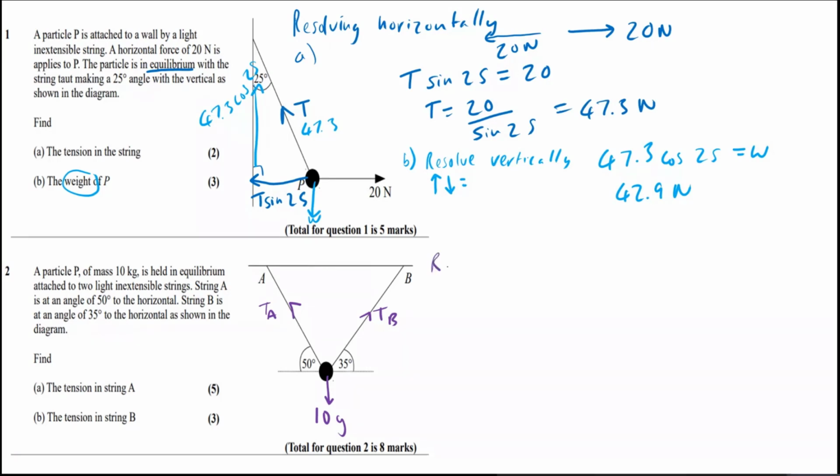So let's resolve horizontally first. Now, this is the adjacent, so we're going to use cos. So we know TA cos 50 has to equal this TB cos 35, because it's in equilibrium.